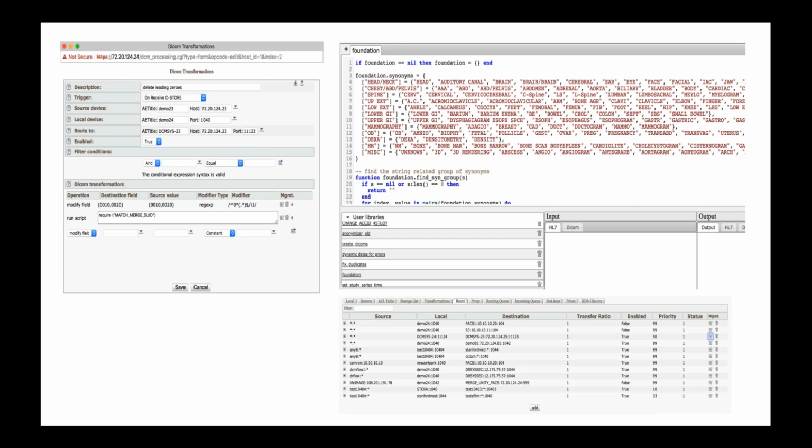It's fairly straightforward, but if you couple these rules together, or if you add scripts that can do perhaps lookups or take information from DICOM or HL7, you can do some pretty powerful things. Another example of a transformation rule that we built was we had a client that was migrating PACS platforms.